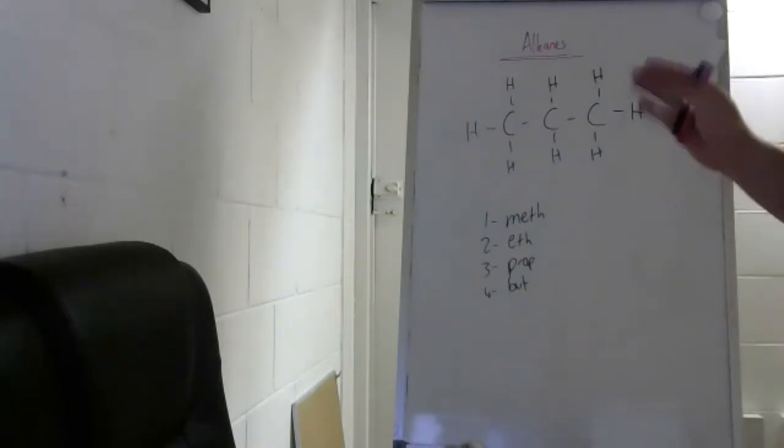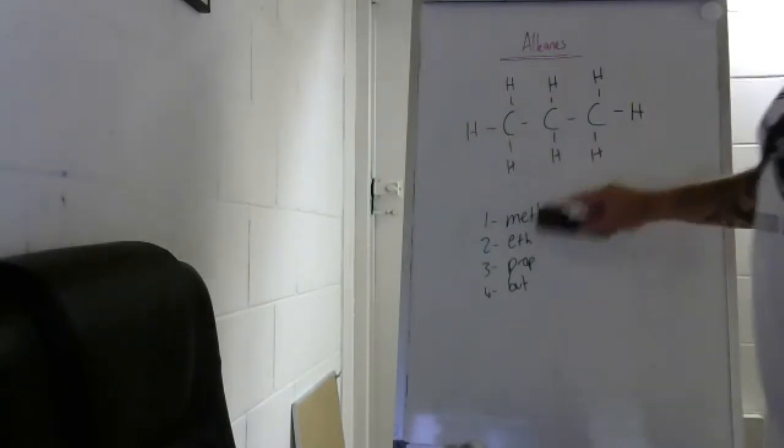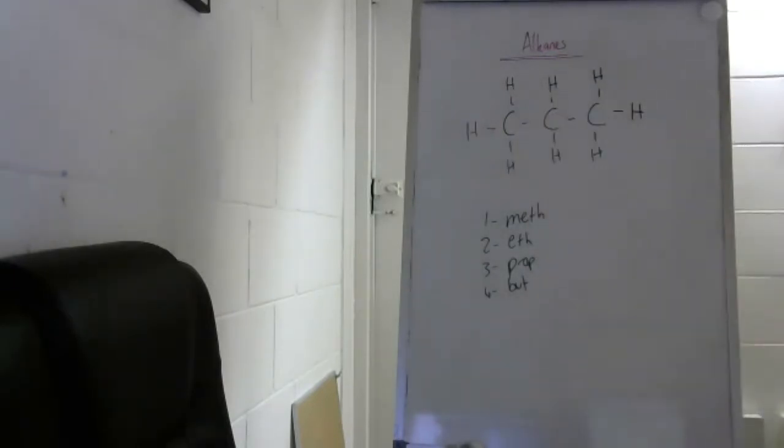So whilst you copy that down, I'm just going to grab an eraser. So when we're naming the alkanes, we look for the presence or lack thereof of functional group.